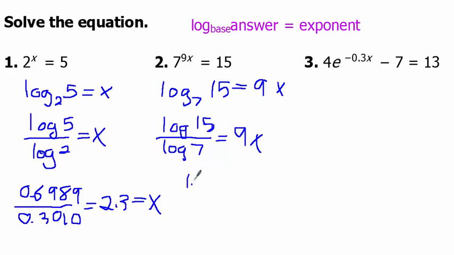So we currently have 1.176 divided by 0.845. That's going to give us 1.39. That is now equal to 9x. So how do I get rid of the 9? I'm going to divide by 9. So I get 0.15.